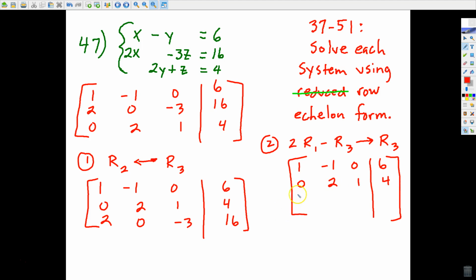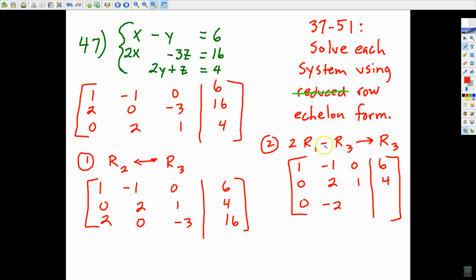All right, so here's row 3 when I do these row operations. 2 times row 1, which makes 2, and then subtract row 3 minus 2. That gets the 0 for us. Here it's 2 times negative 1, which is negative 2, minus 0, it's still negative 2. 2 times 0 is 0.